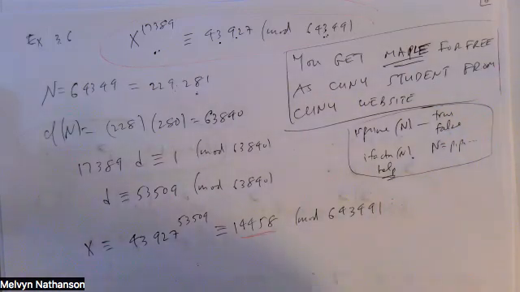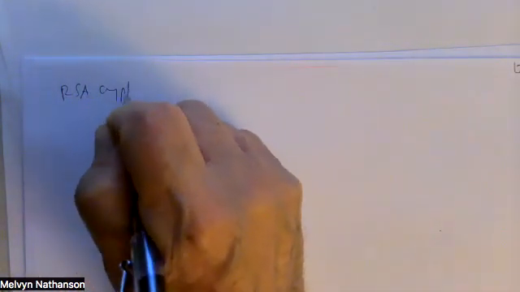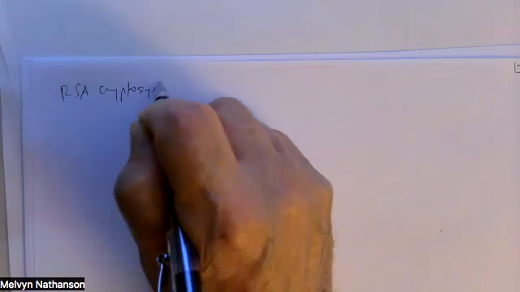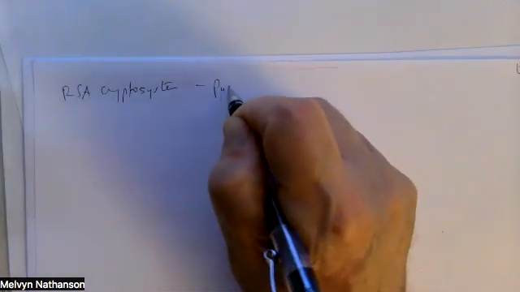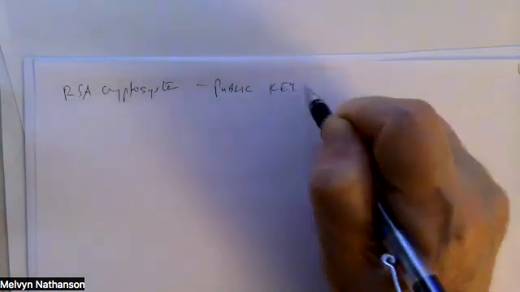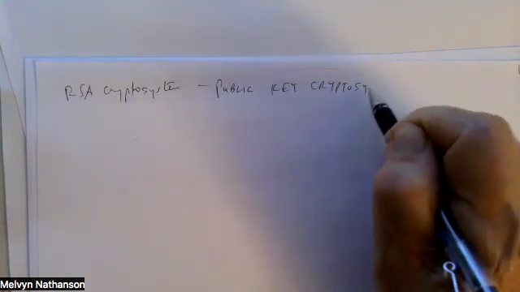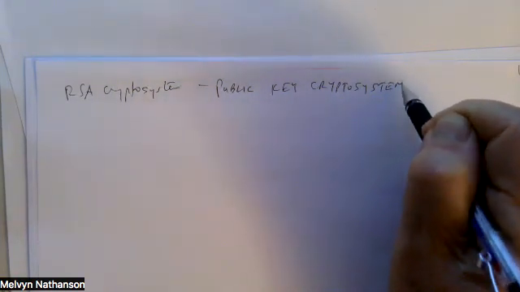Okay, so this is all background for describing the RSA crypto system. And this is an example of what is called a public key crypto system.